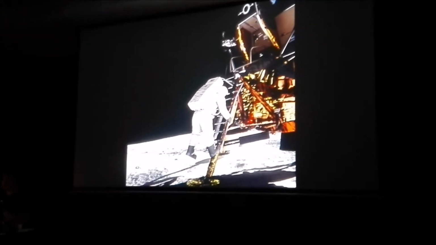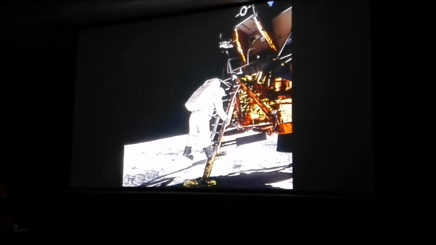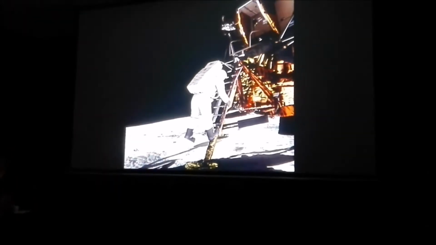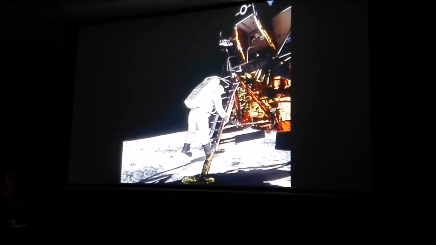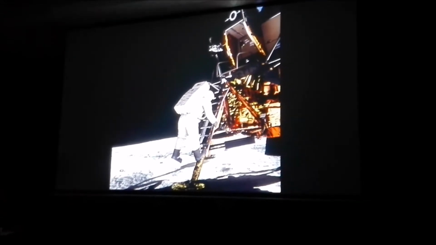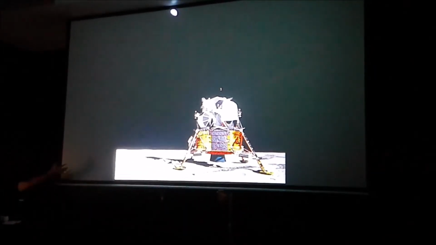This is a recreation of the Apollo 11 lunar landing. And this is actually Buzz Aldrin coming off the LEM. And we decided to recreate the entire scene. So earlier you saw on the right-hand side, we had an actual photo, and on the left-hand side was this recreation we did.